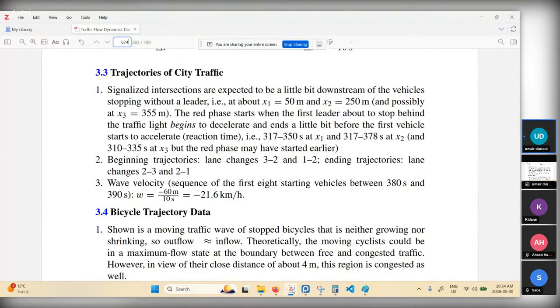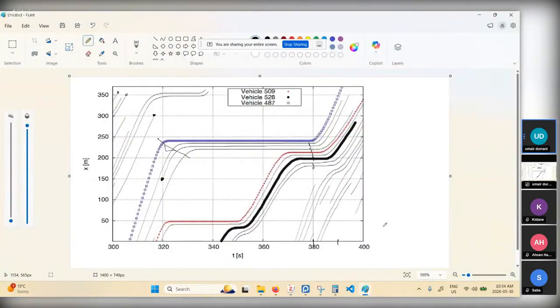These are the 8 vehicles that I think they're referring to. And for that, they say minus 60 meters divided by 10 seconds. So this is the 10 seconds that they have mentioned. This is 390. So this is 10 seconds.